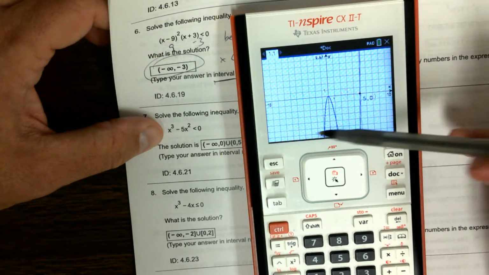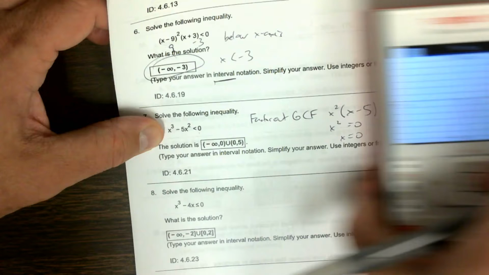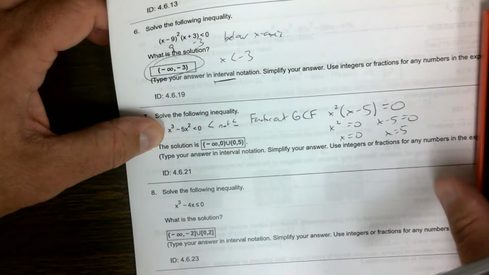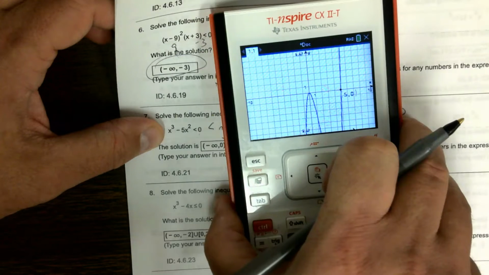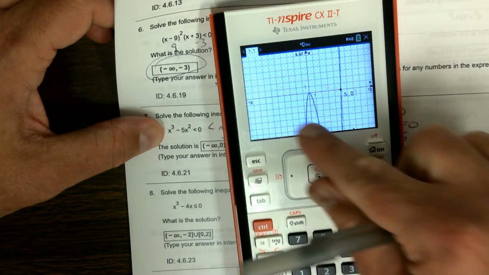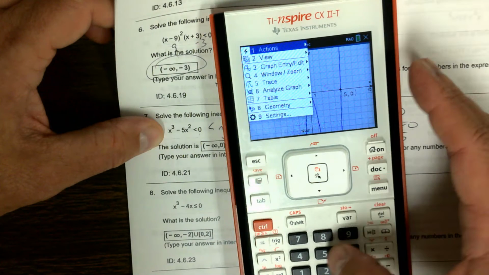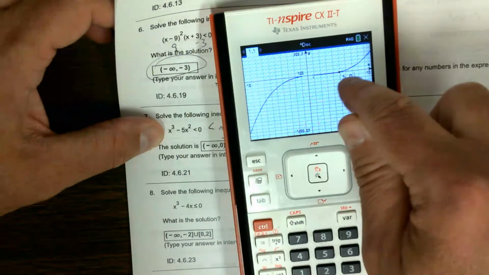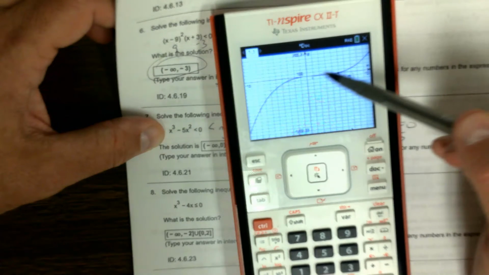It can't actually be 0 because it's less than, not less than or equal to. And so that's why we have this little breakup of this 0. And then from 0 to 5, basically. So all throughout here, it's negative. If you wanted to do zoom fit, menu 4A, you could see it completely below until we get to 5.